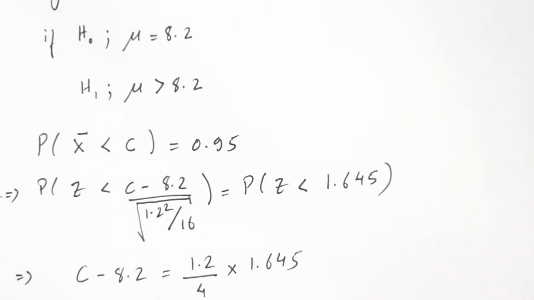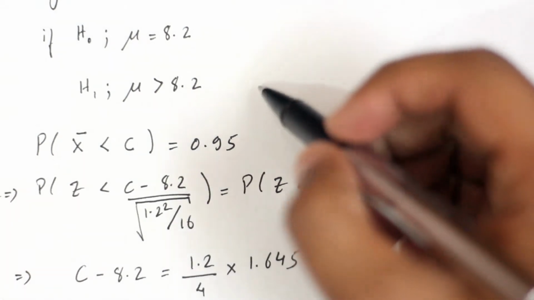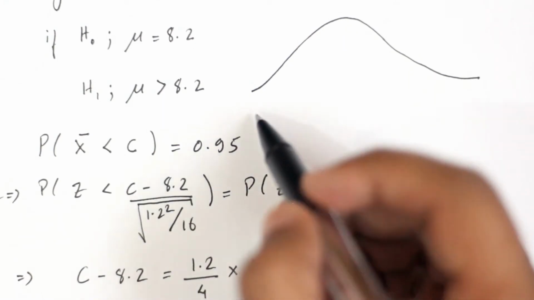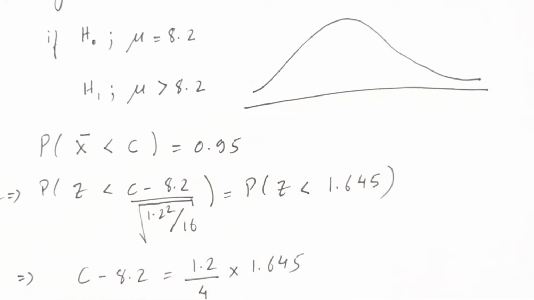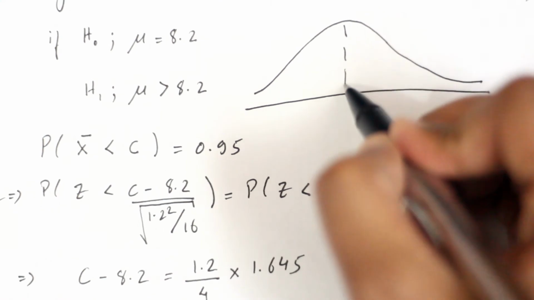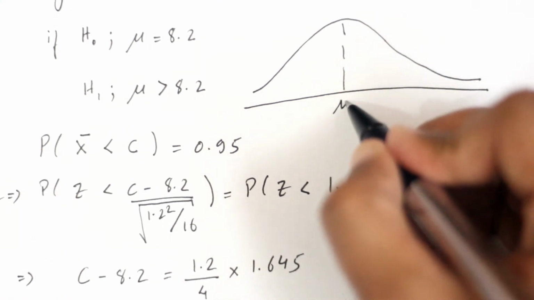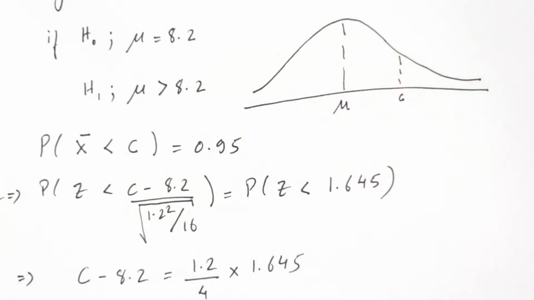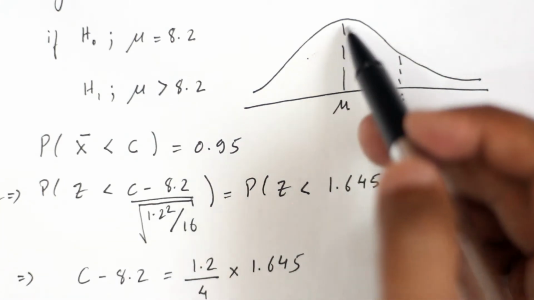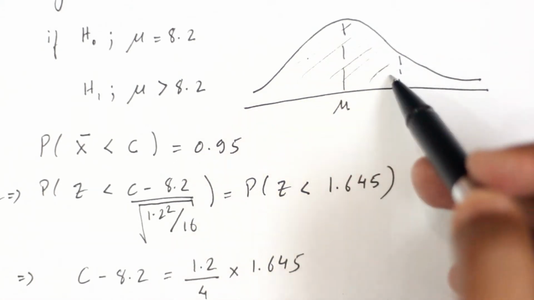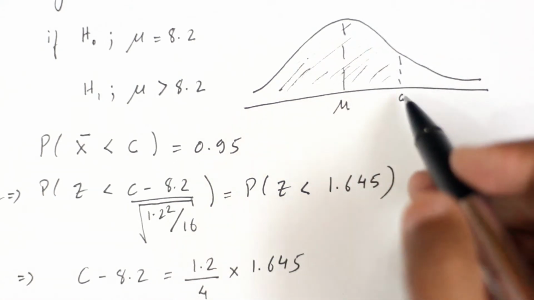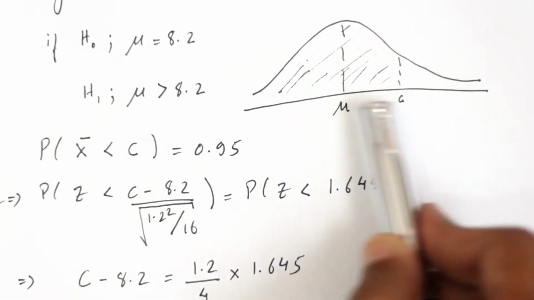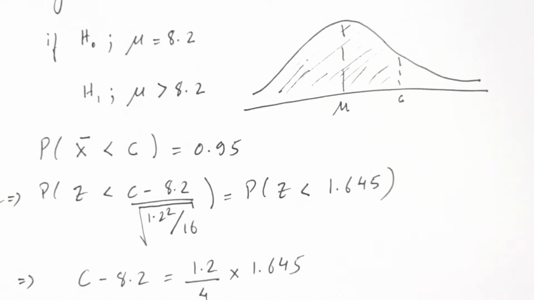Okay, so what that basically means is we have a normal distribution curve like this, and this is the mean, and what we're saying is this C here, if our mean falls below C, we are saying that our null hypothesis is true.